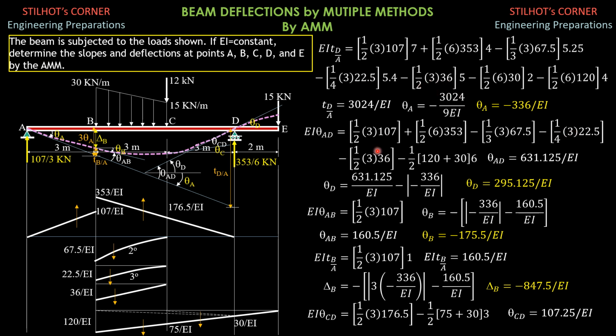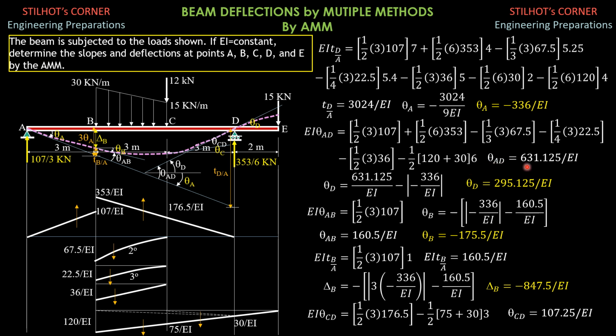minus 1/2 of 3 times 36, minus 1/2. Then instead of adding these two areas, we treat this as a trapezoid, and we just compute for the area. So minus 1/2 quantity 120 plus 30, which is this calculation, then times 6 meters.